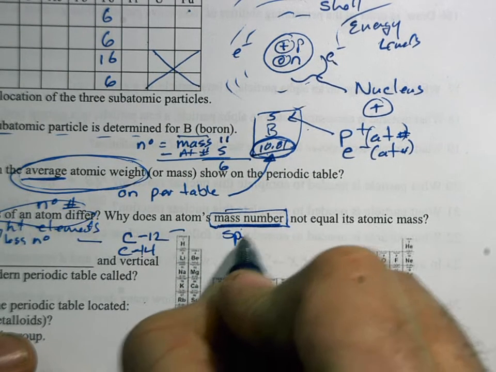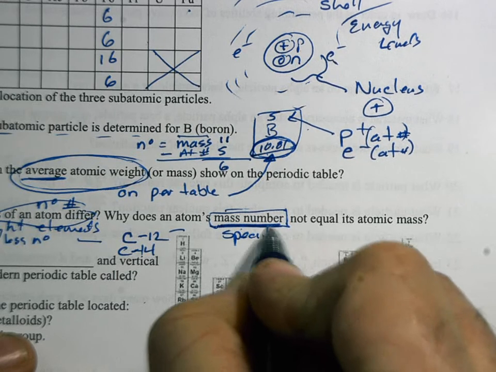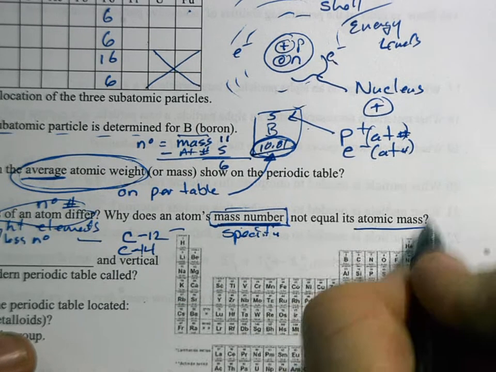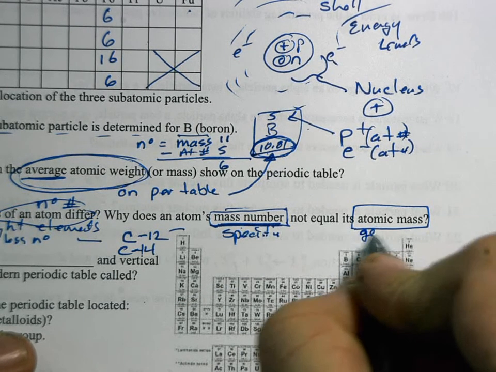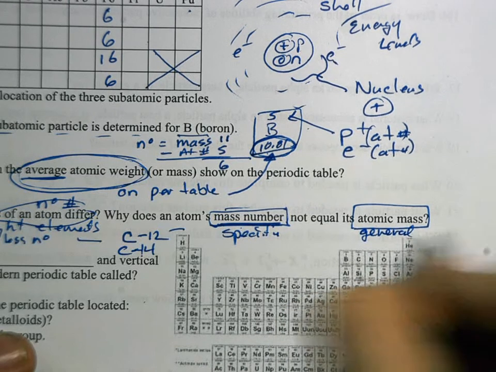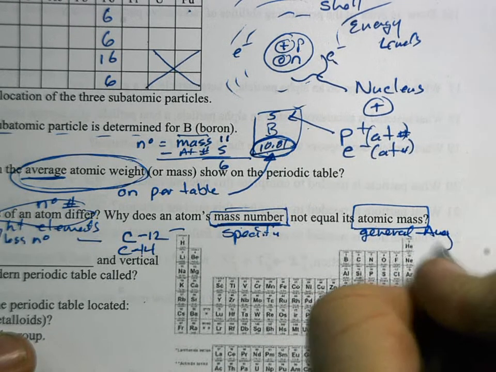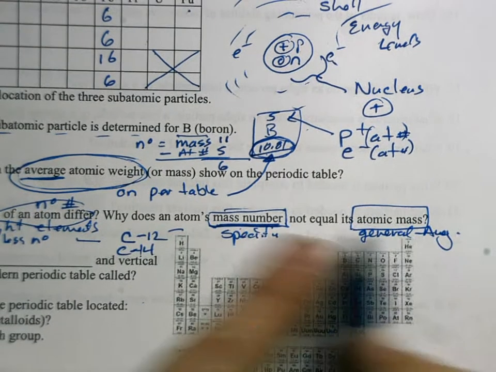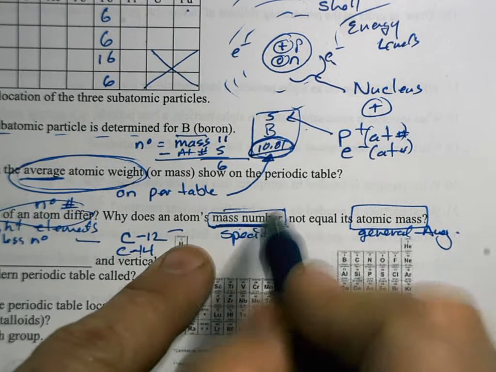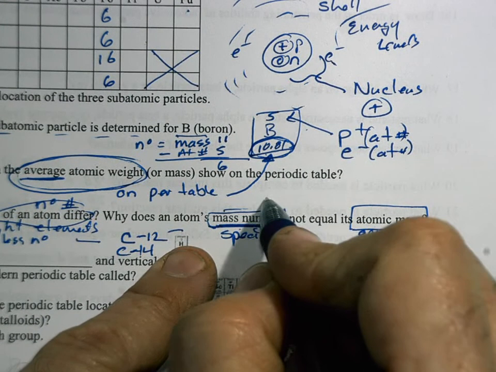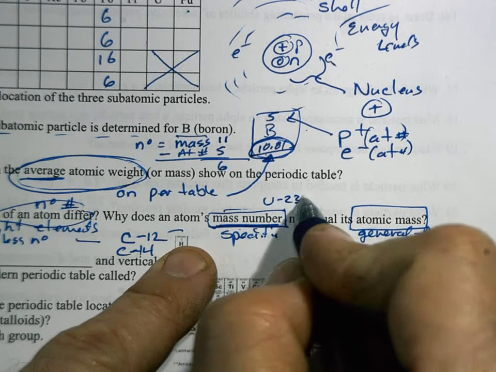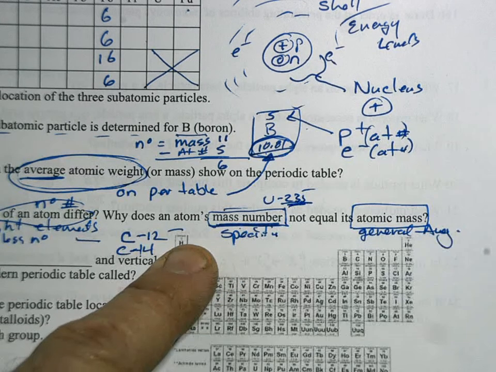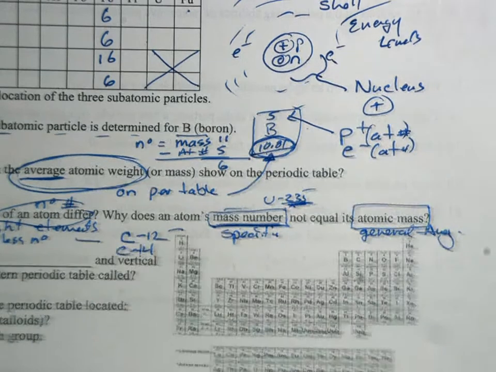Specific, where the atomic mass is a general number. It's an average. So they're very similar. They're both telling you how many protons and neutrons, but the mass number is super specific. Uranium-235, for example, would tell you it's the isotope that has that mass number.